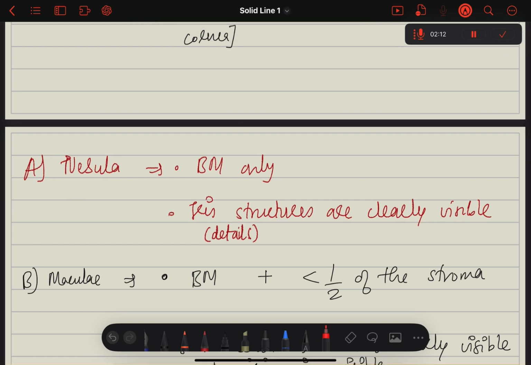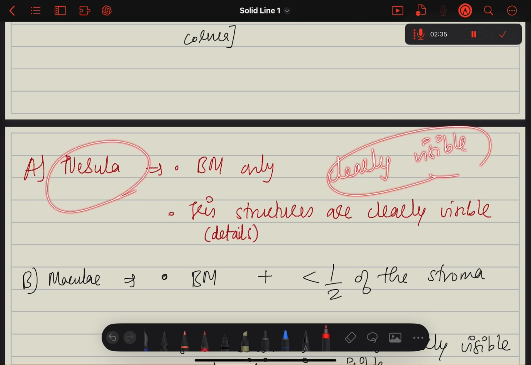Structures, meaning details. As we know, when we see the eye anteriorly, we can see the iris part, right? So the iris details, like this, are the details which can be clearly visible in this condition. That is why nebula is important.